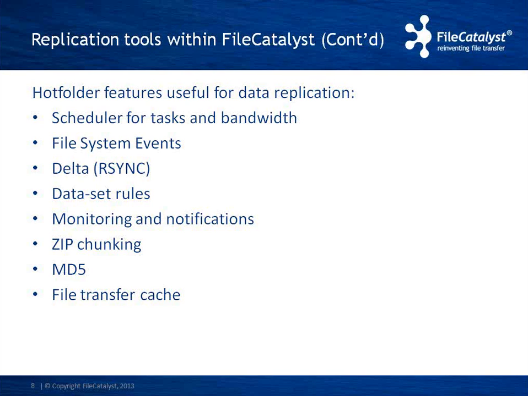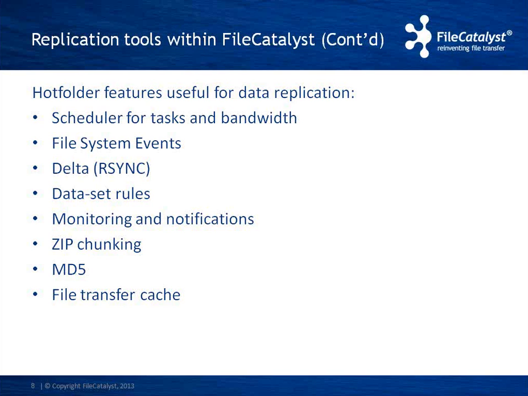File system events. Once again, I'm stressing this point because you don't want to be scanning and generating large directory file lists. You want a system that is fast, where as soon as a file is changed, that file is right away picked up and transferred. You also want something that has delta.